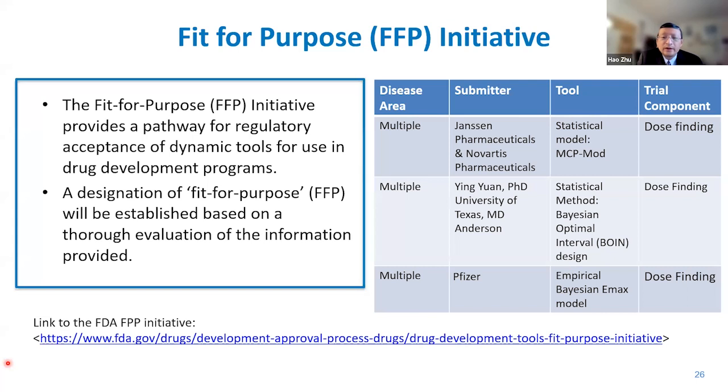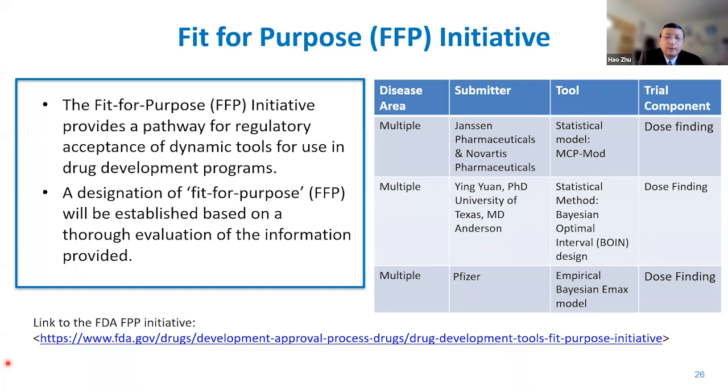For instance, in recent years, Dr. Yuan from the University of Texas MD Anderson developed a Bayesian-based tool that can be used to determine maximum tolerated dose, or MTD. This tool is called Boyne and was granted fit for purpose in 2021. Likewise, Pfizer developed a Bayesian Emax model, which may be used to facilitate dose selection, and this tool was determined fit for purpose earlier this year.